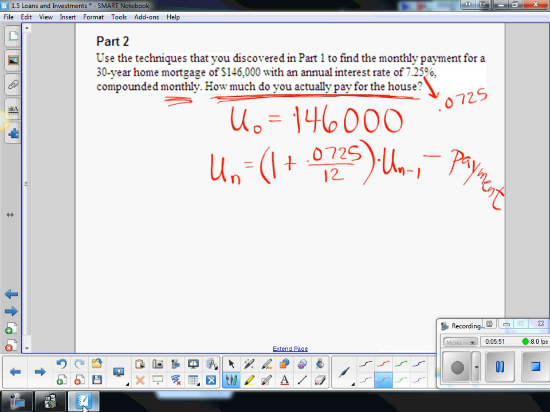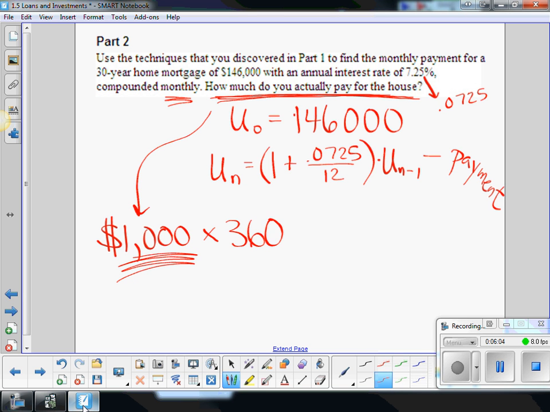So let's pretend for a moment that $1,000 a month was the right number to use. So imagine if we paid $1,000 a month for 360 months. How much money would that be total? It's going to be the 36 with 1, 2, 3, 4 zeros after it.